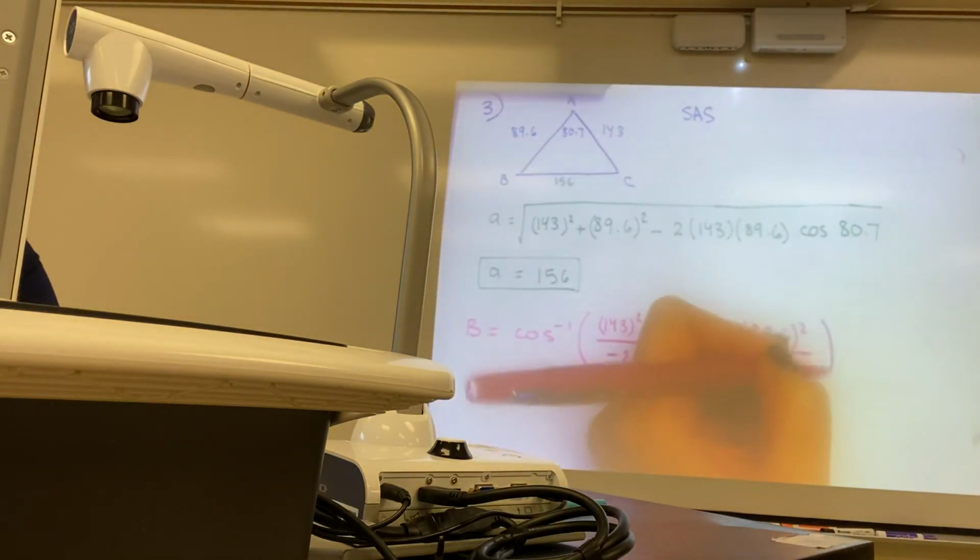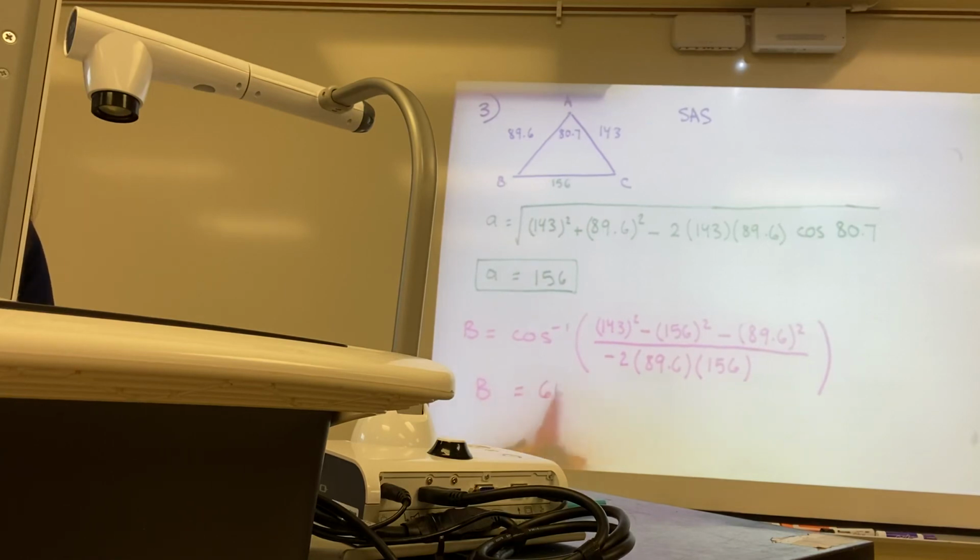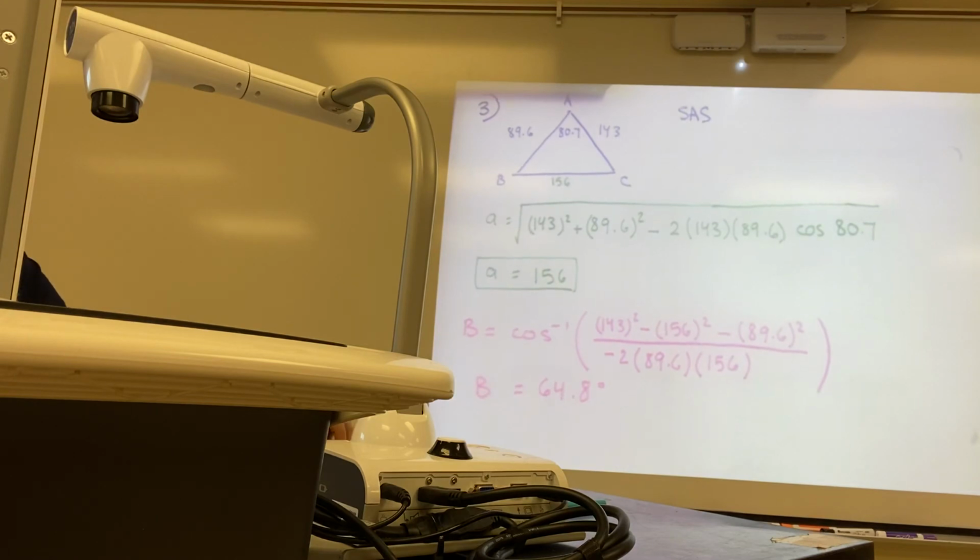Okay. Take the cosine inverse of this, you should get B equals 64.8 degrees.